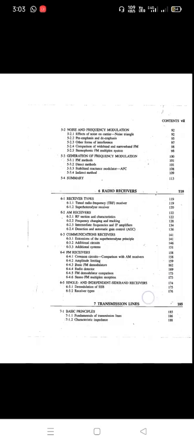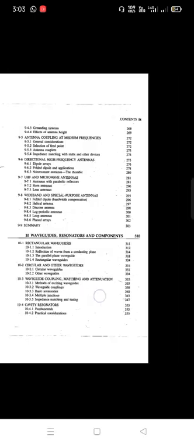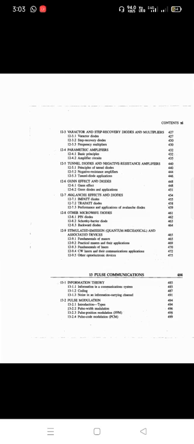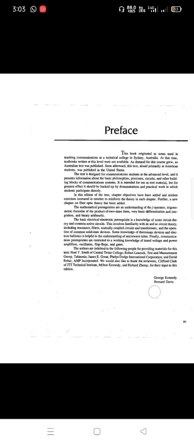So our today's target, we will see only one derivation, and then we will go for the signal to noise ratio concept. The introduction part we have seen, then we have seen the noise also.